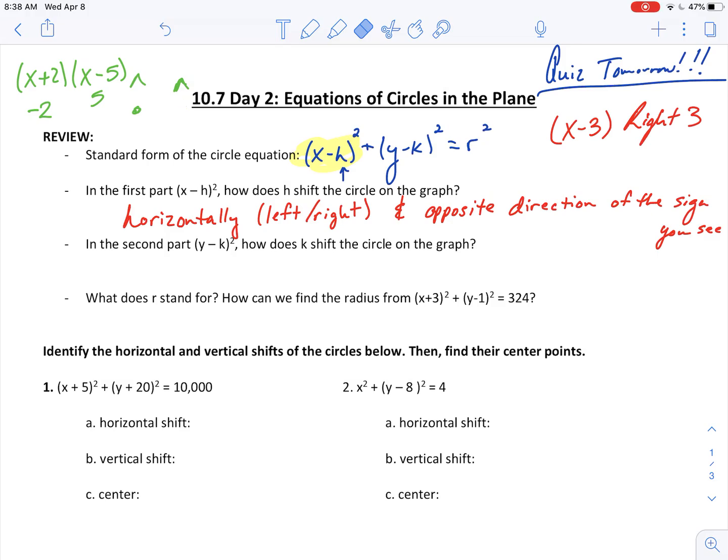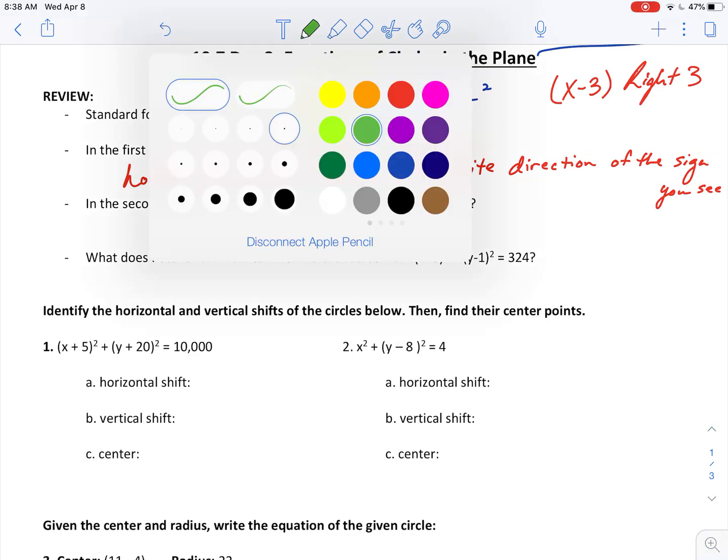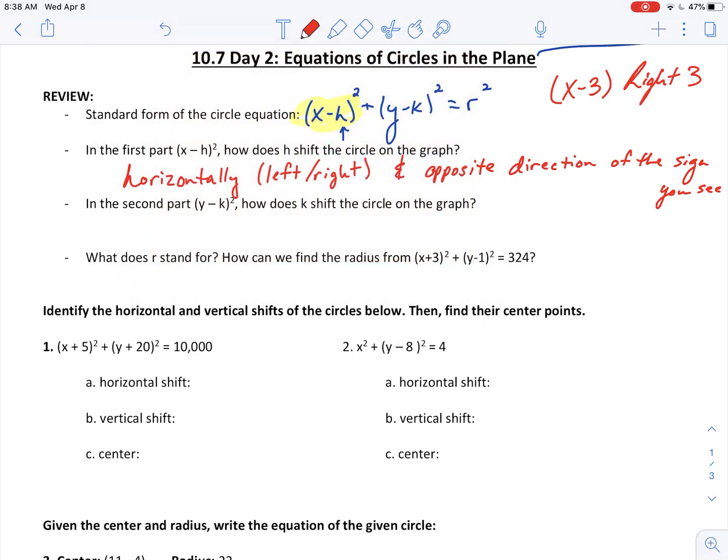We've got our roots here. The roots were always what made this 0. So the root would have been negative 2 and positive 5. So just like we would do in Algebra 1 with our parabolas, we're going to do the same thing with how we shift our circle.